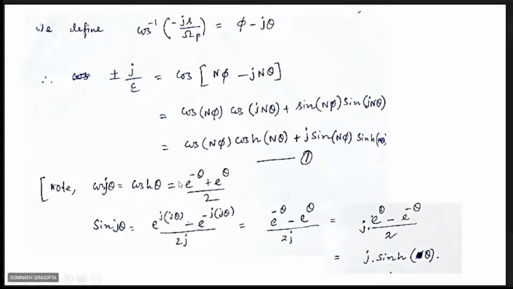This is the cos hyperbolic function. So cos jθ is actually called cosh θ. Similarly, sin jθ is actually j of sinh θ.